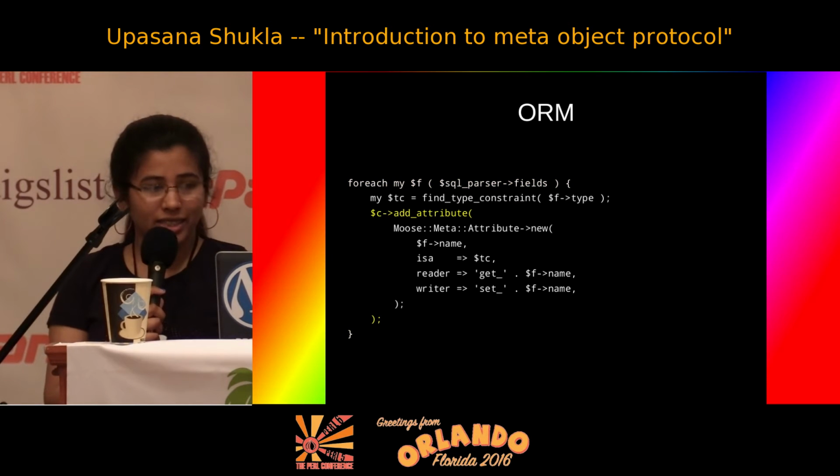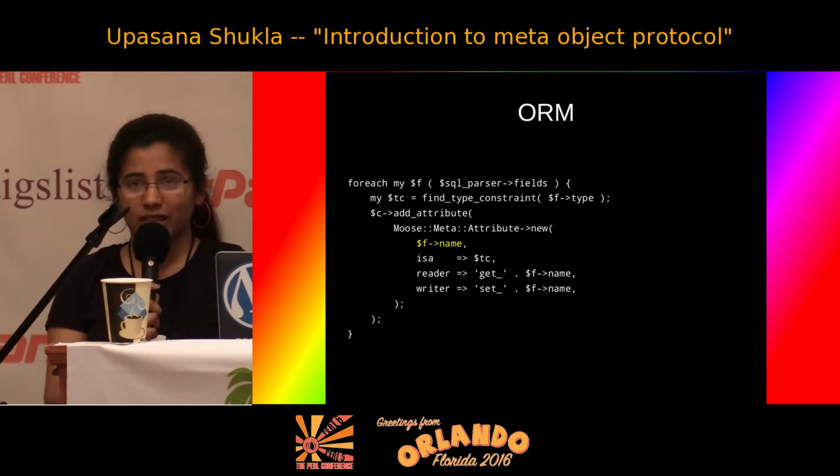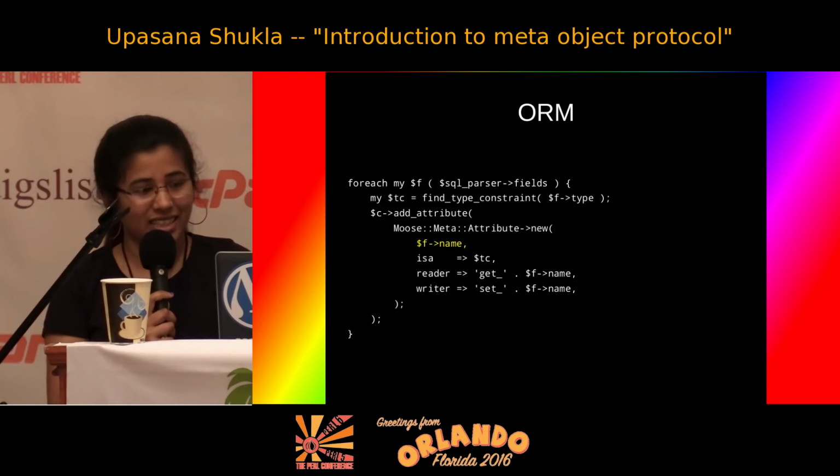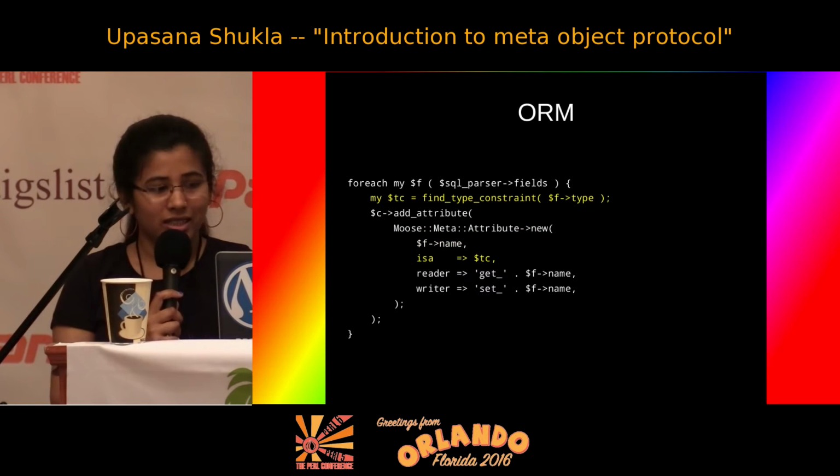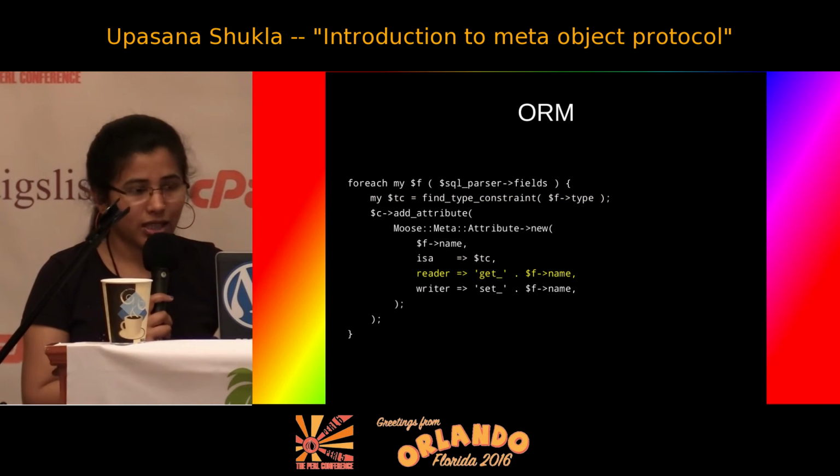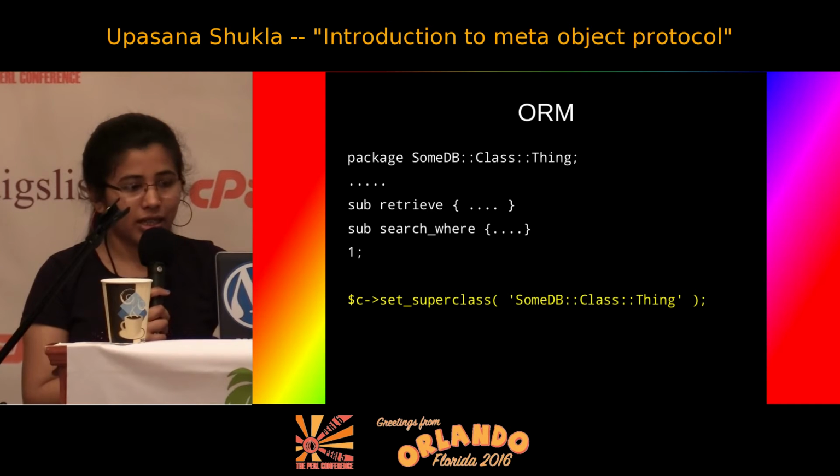Then I'll iterate over all of the columns of my table. I'll add them to my class using Moose meta attribute. Moose meta attribute creates an attribute at runtime. Then this is the name of the attribute, type constraint of the attribute, then reader and writer for the attribute.